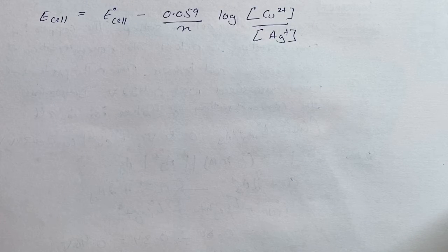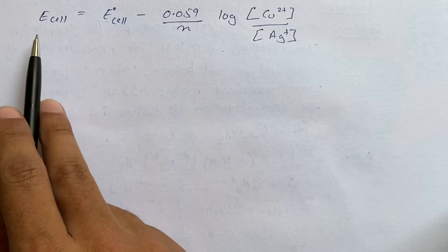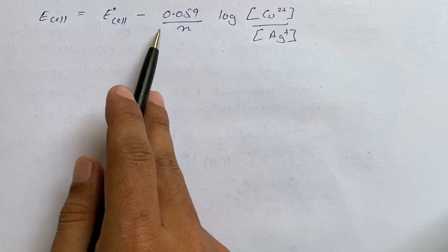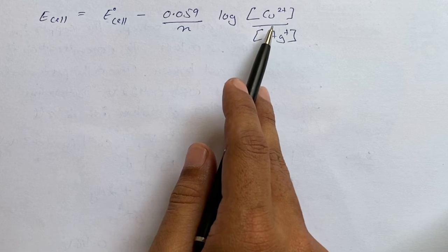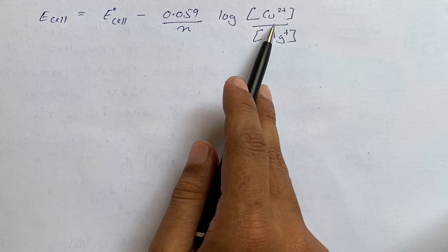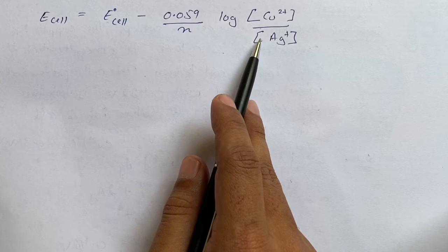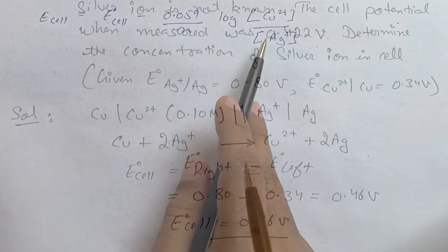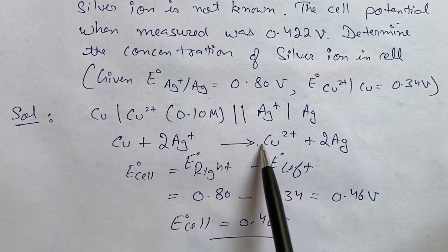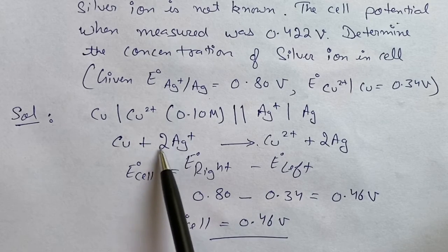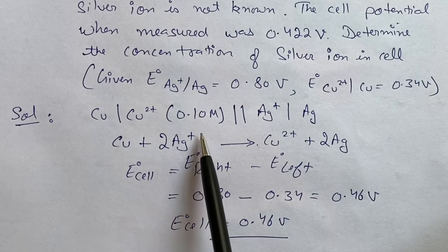Now writing the Nernst equation according to the reaction, E cell equals E naught cell minus 0.059 divided by n, log of concentration of product over concentration of reactant. As you can see in the reaction here, students, Cu2+ is on the product side and Ag+ is on the reactant side.